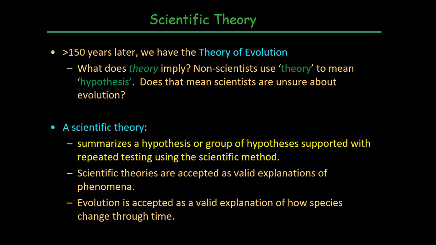Theories can be thrown out as new data arises that shows a better or more accurate way of understanding how the world works. Evolution by natural selection, however, has withstood the test of time. If anything, it has grown stronger. More aspects of evolution are understood, and we are going to talk about that in a few minutes. But when we say that there's a theory of evolution, that is actually not an indication of weakness. That is an indication of scientific strength.